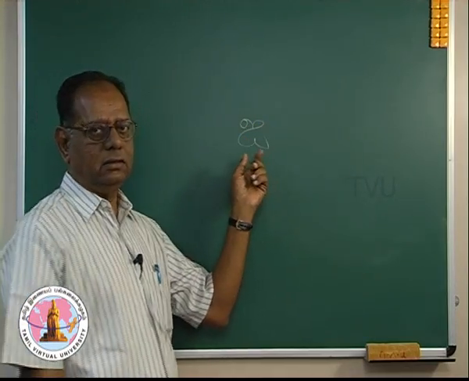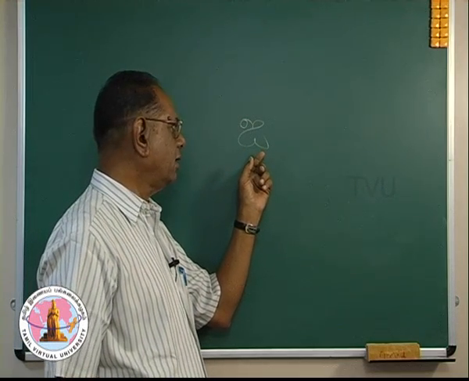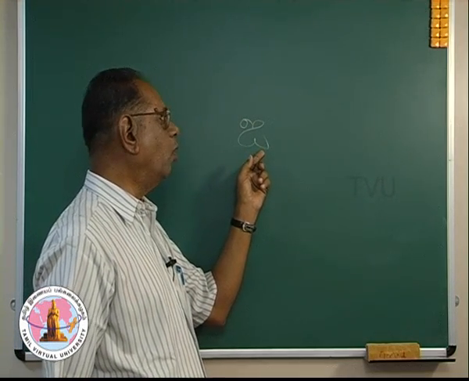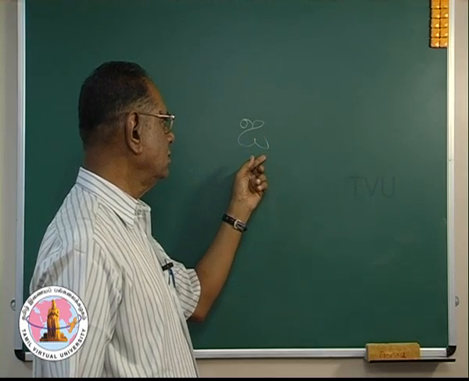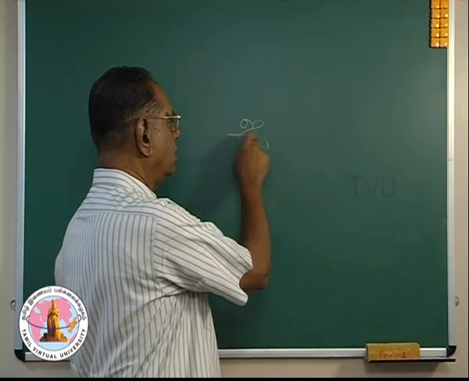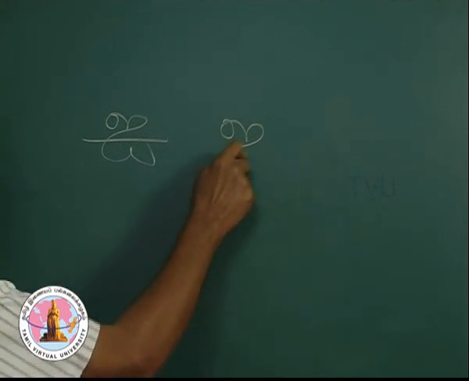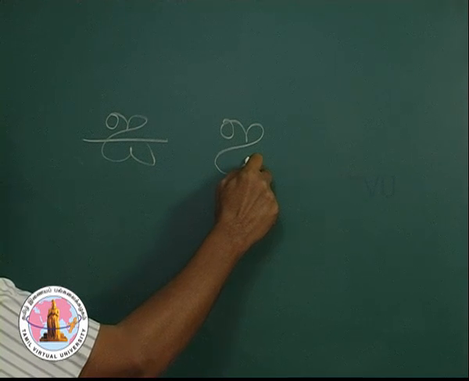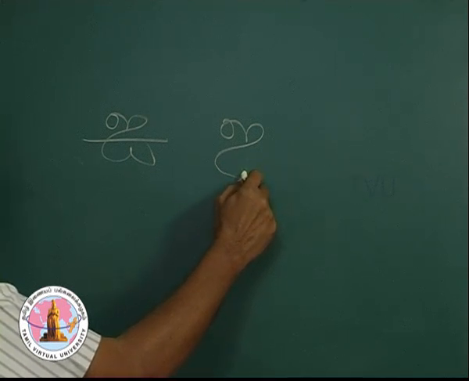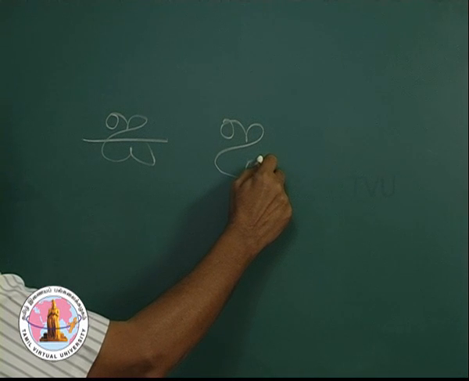This is the Tamil letter I, as you know. With this, we try to make ja. Take the lower portion and instead of bringing it up, you take it up and bend it, it becomes ja.